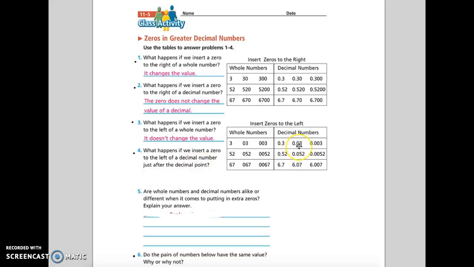If I add a 0 here, instead of having 3/10ths, now I have 3 hundredths, and I have 3 thousandths. Or instead of having 52 hundredths, now I have 52 thousandths. And so it changes the value when we add that 0 to the left of our decimal number.